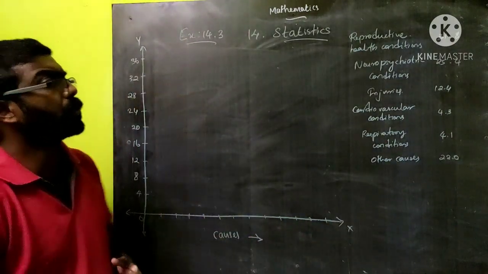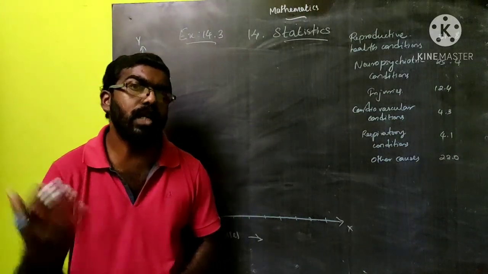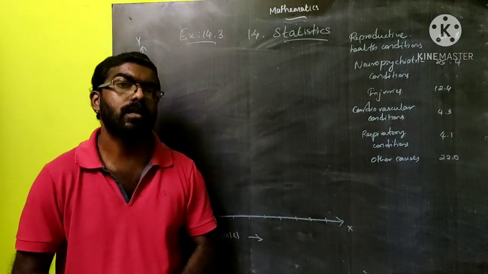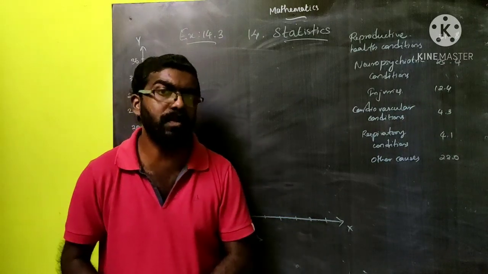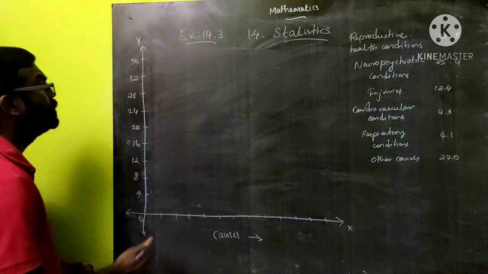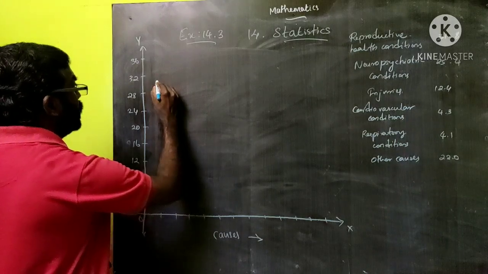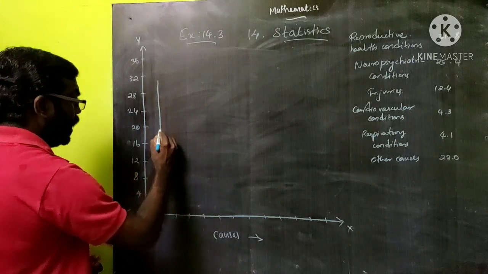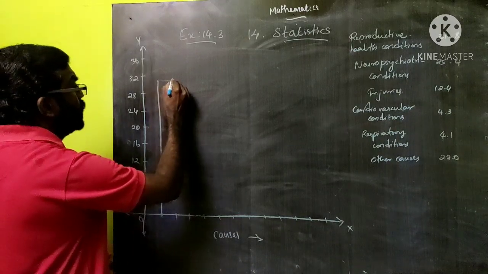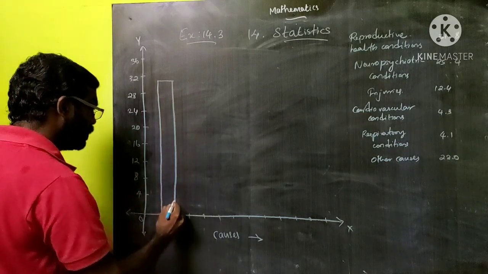First one is reproductive health conditions. We know in a bar graph each variable is represented by rectangular bars, leaving equal space between them. So here first one is 31.8. Approximately, here we can mark that number 31.8 and draw a rectangular bar.